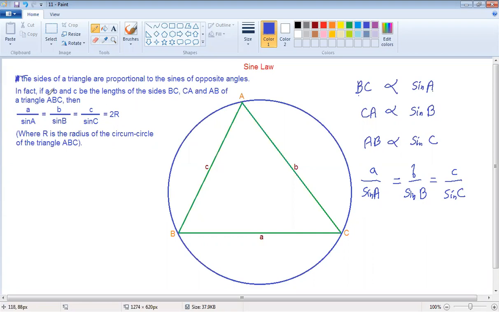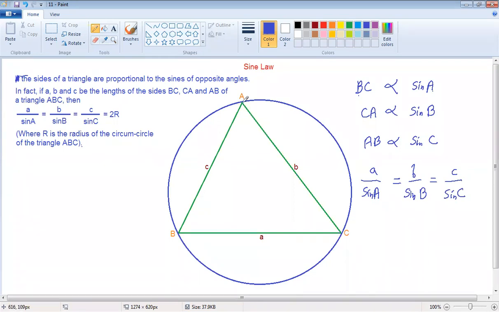And in fact, here it is also written: if a, b, c are the lengths of the sides BC, CA, and AB respectively, then a upon sine A is equal to b upon sine B is equal to c upon sine C is equal to twice R. The constant is twice R. What is R? R is the radius of the circumcircle of the triangle ABC.